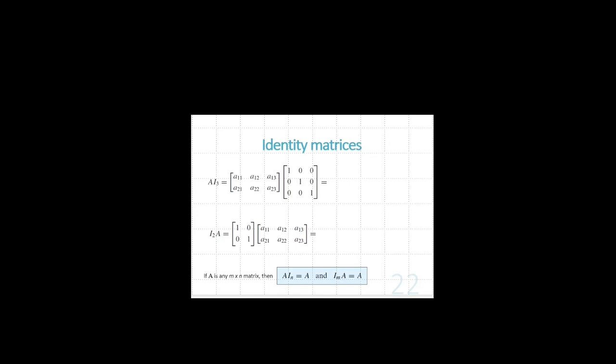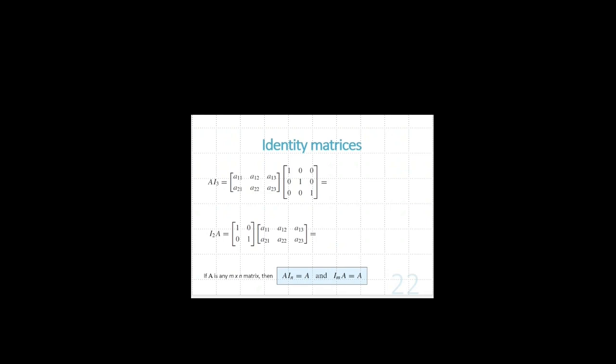So here they say if A is any M by N matrix, then A times the identity matrix I_N equals A. Or there's this other situation over here where I_M times A equals A. Why would they have written it like that? Are I_N and I_M two different matrices? If we look at this first one, does anybody know why the I is coming second? Can anybody guess?